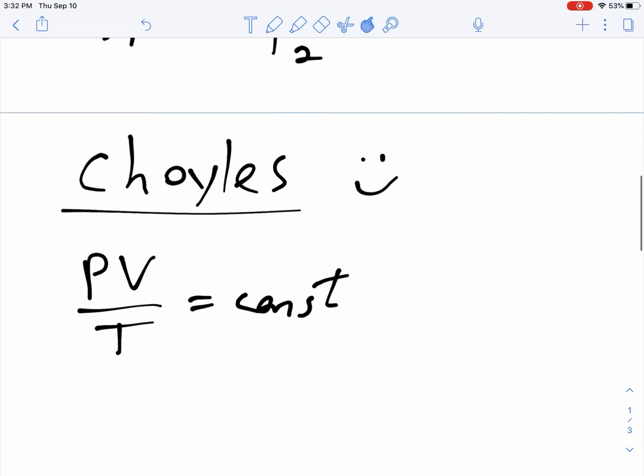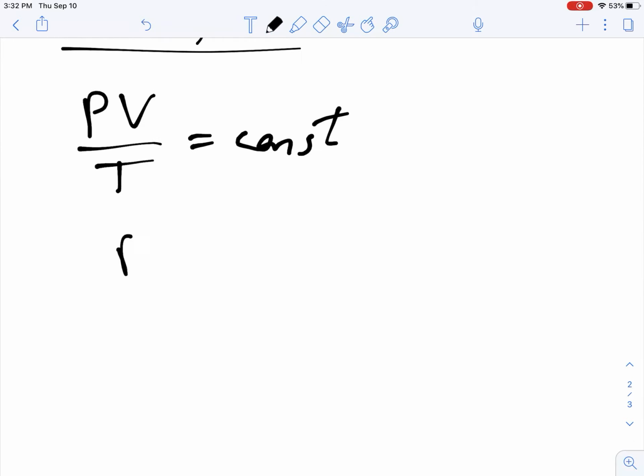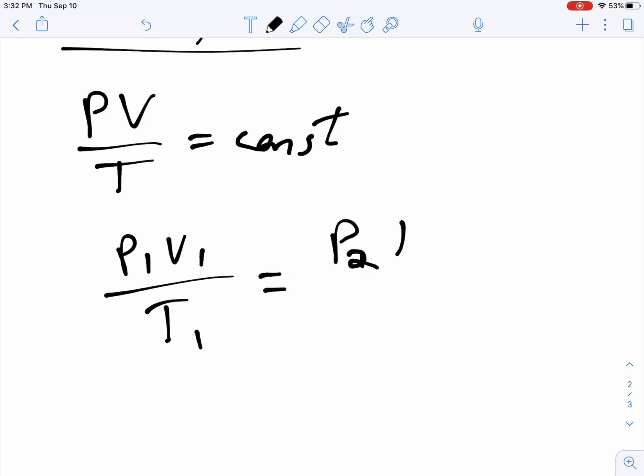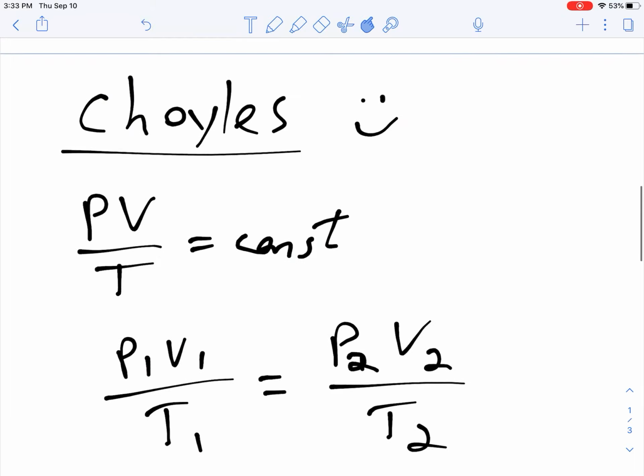Another way to write that would be to say that P1 V1 over T1 has to equal P2 V2 over T2. Either way you want to look at it, this is the combined gas law, our so-called Choyle's law.